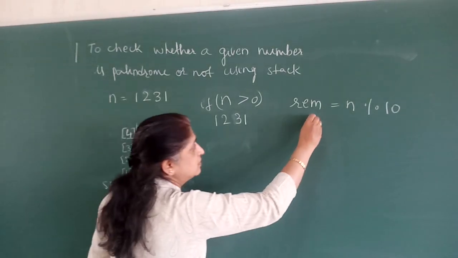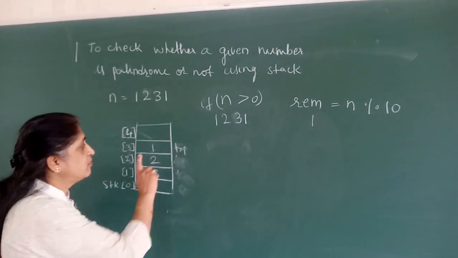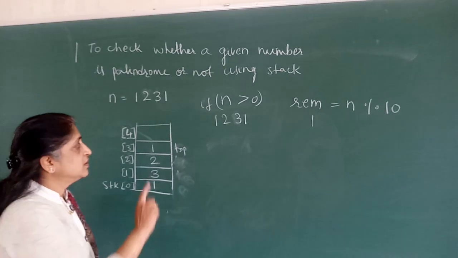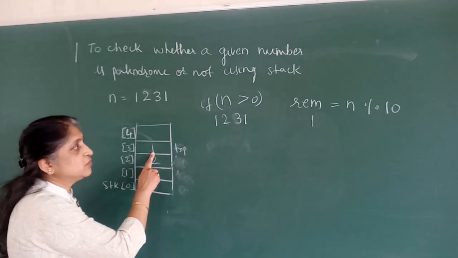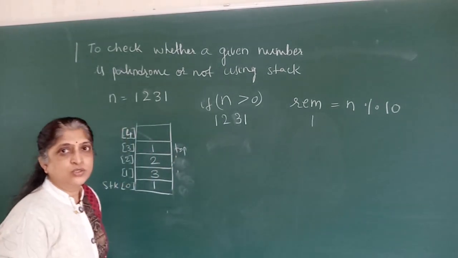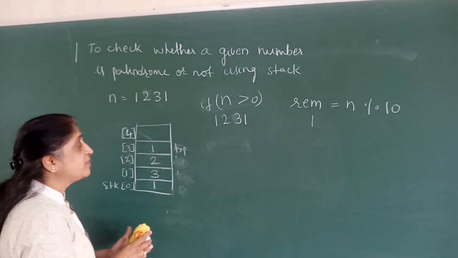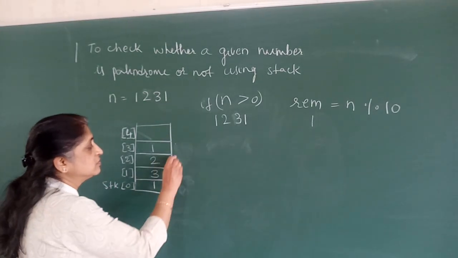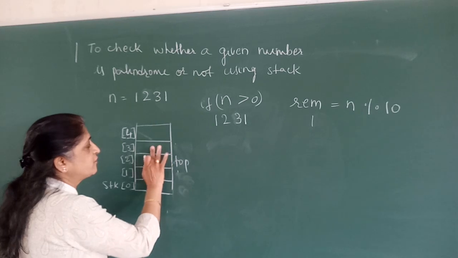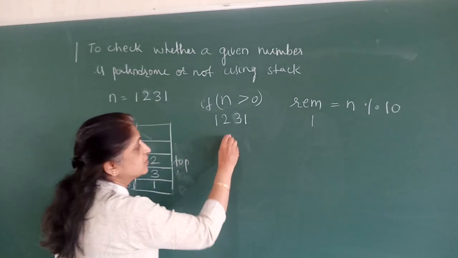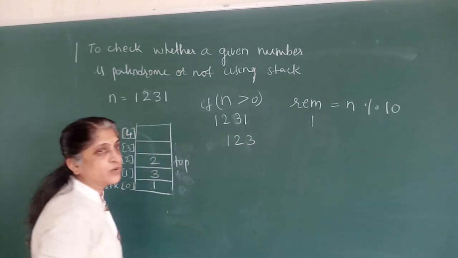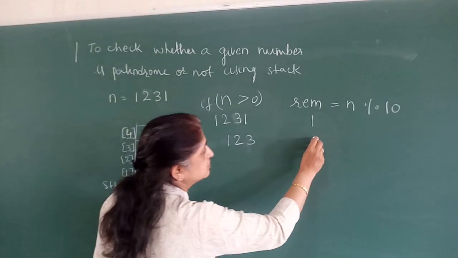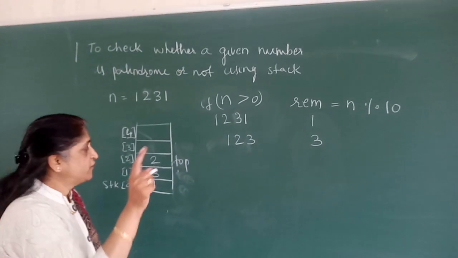We find the remainder is 1, pop the element. On top of the stack we have 1, 1 is equal to 1 is true, that means the number may be a palindrome. 1 is popped from the stack. Divide this number by 10, it is 123, find the remainder 3, pop from the stack.